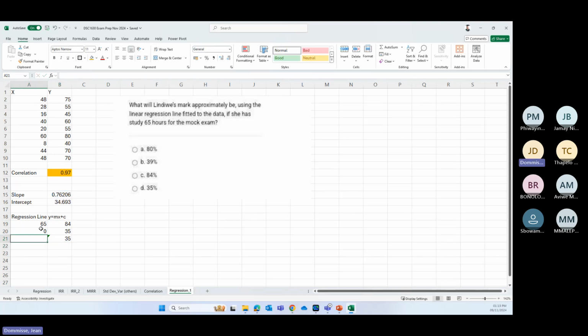So let's see. We had 8 hours spent to get 40, so it makes sense that if she spends nothing, it will be less than 40.